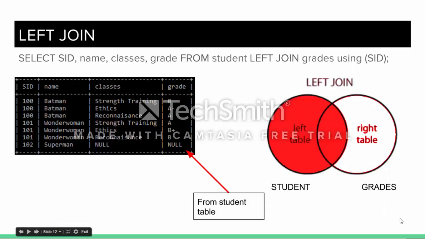And here we have the result of the left join statement. Notice that Superman is present, but he does not have any classes nor a grade. And that's exactly where we want to be, because we are taking everything from the left table, including its intersection with the right table.